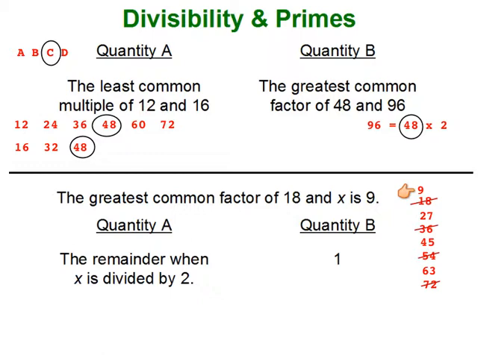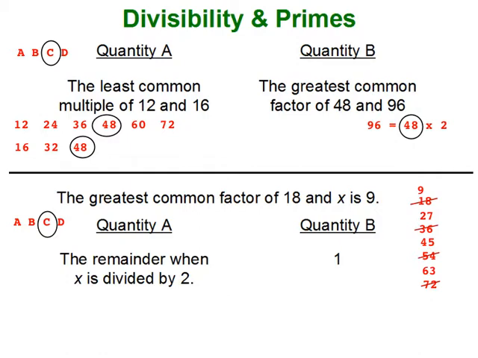What about when 27 is divided by 2? 13, remainder 1. What about 45 divided by 2? 22, remainder 1. What about 63? 31, remainder 1. And so it turns out that the remainder is 1 every single time. And our answer for this one must also be C.